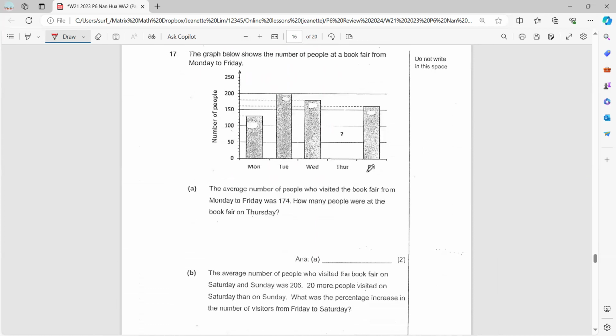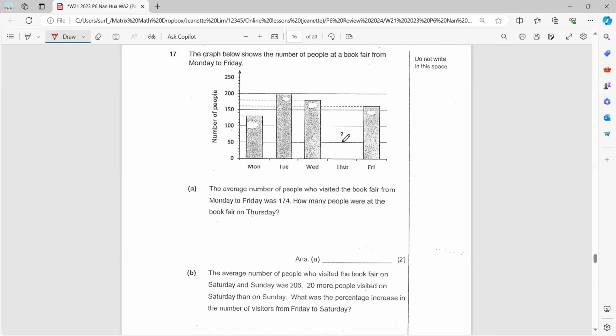Question 17. Graph below shows the number of people at a book fair from Monday to Friday. So for part A, the average number of people who visited the book fair from Monday to Friday was 174. How many people were there on Thursday? So Thursday is an empty bar here. There's supposed to be a bar, but we need to find out how many people are there.